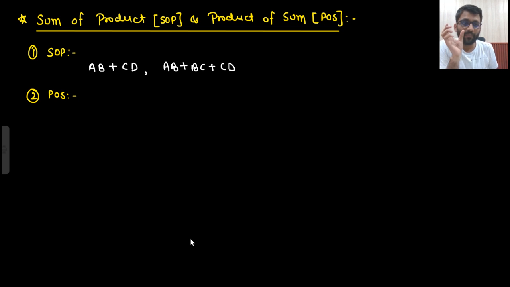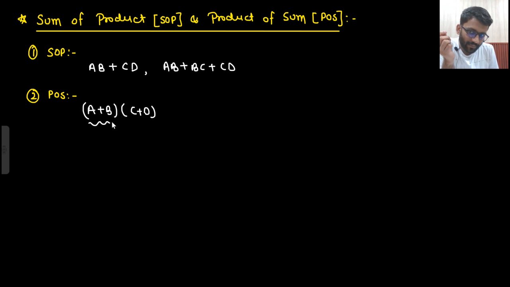Now we will see product of sum. First we need to do the sum and then product. These two are the sum terms. Again we will discuss it when we study K-maps and Boolean algebra. But here the basic prerequisite you need to have is product of sum.